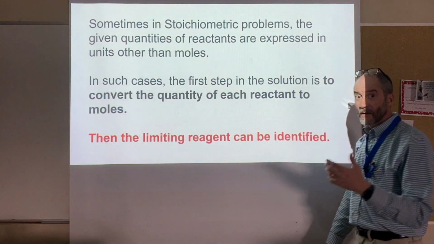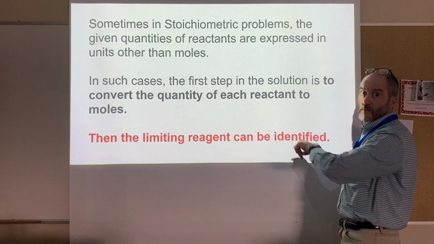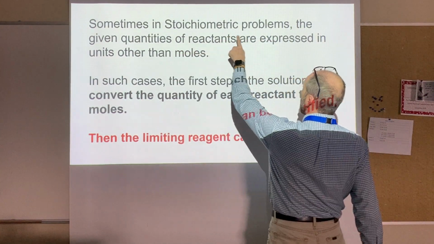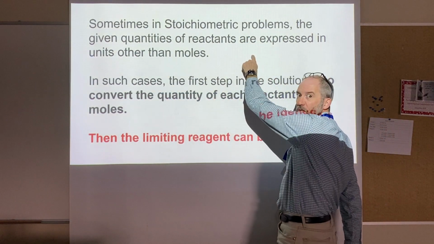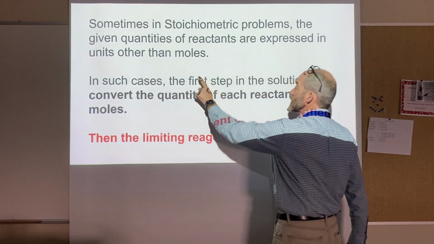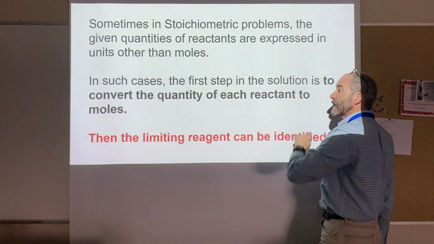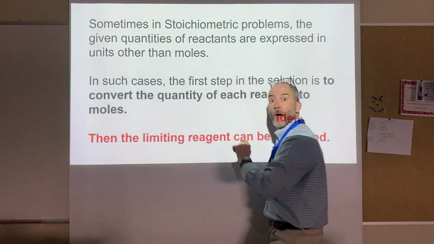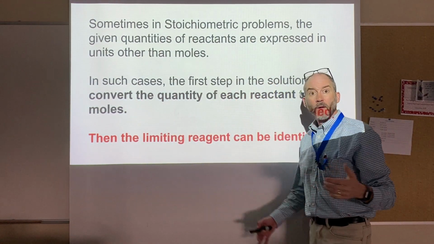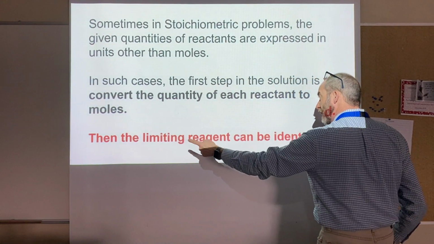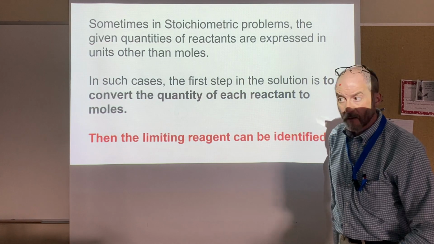Okay? Here we go. Sometimes in stoichiometric problems, the given quantities of reactants are expressed in units other than moles. Ours was in grams. In such cases, the first step in the solution is to convert the quantity of each reactant to moles. So what did we do? We took our grams and we converted to moles. Now what? Then the limiting reagent can be identified.